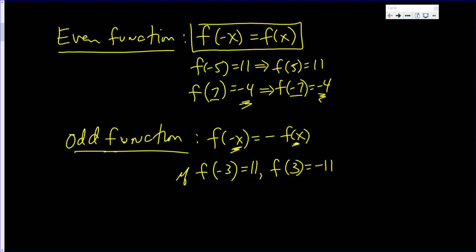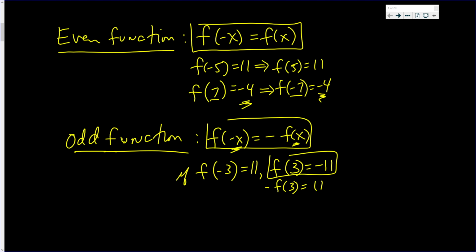Now you may say, well, I wrote this. Well, yeah. I can multiply both sides of this equation by negative 1, and I'd get negative f of 3 is 11. This and this gave me the same answers. That is, they differ by their sign.